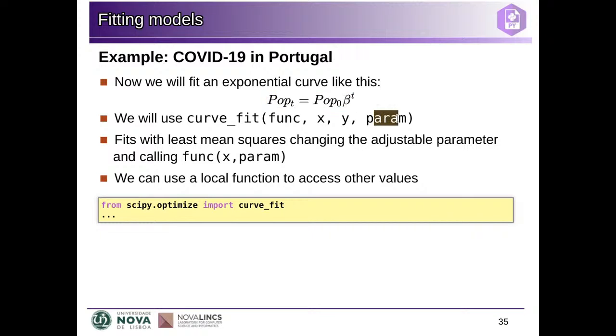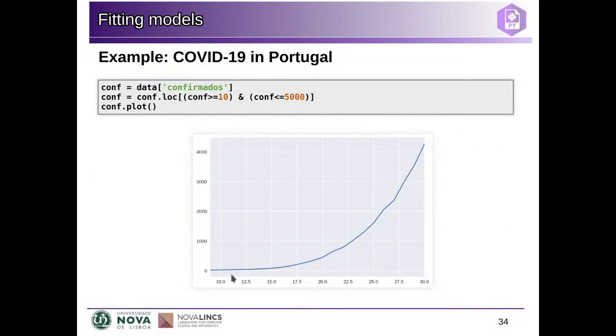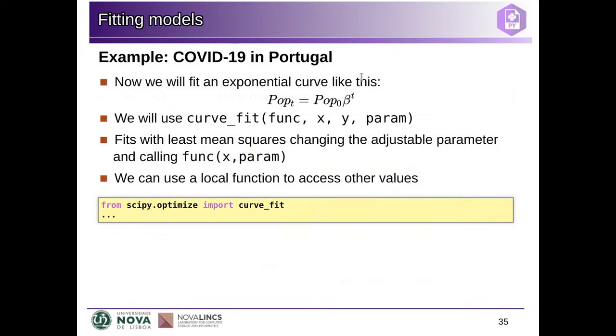This is what curve fit will try to adjust by calling the function with the values x, so the values of the different days that we have here, and the parameter, compute the predicted values from the function, and compare those to the y and adjust the parameter to minimize the quadratic error.